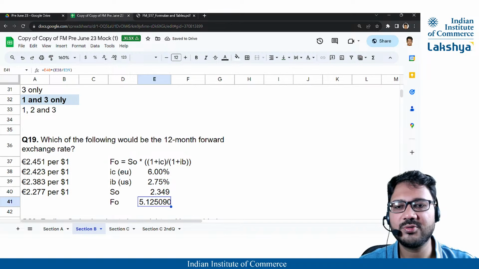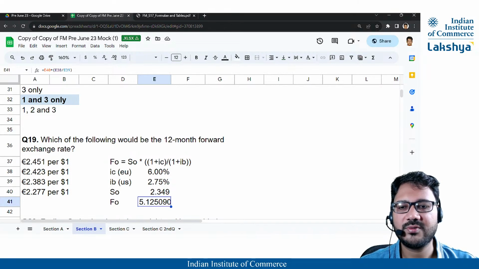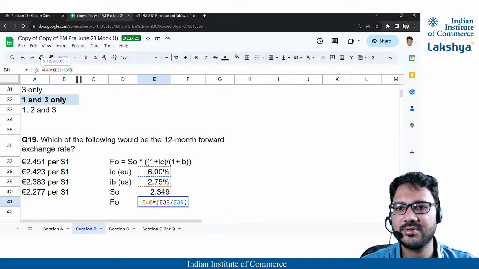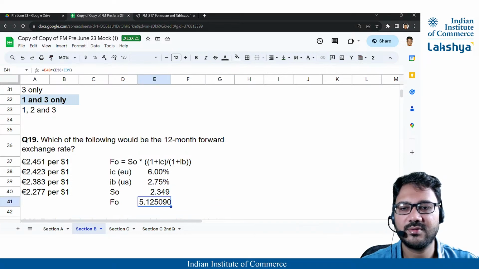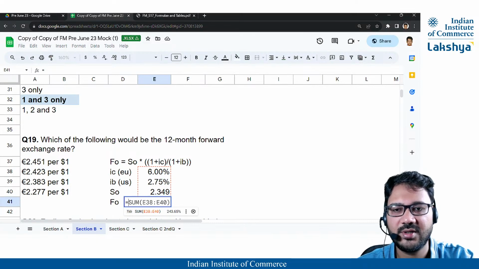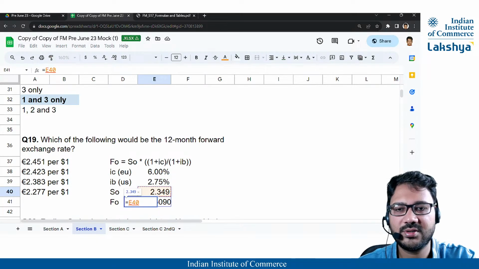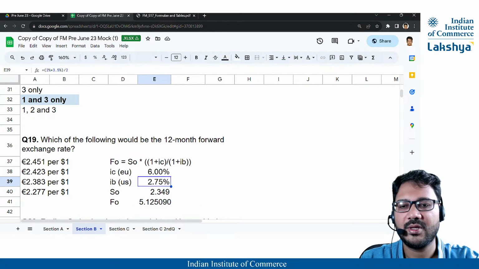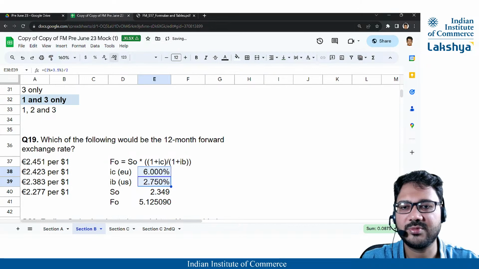So F0 is equal to 5 point, wait, have I made any mistake? Because 5 point is not available. 2.349, 38. 38 is counter currency divided by, yeah, it seems correct. Have I done some calculation mistake? Is equal to spot rate into, oh, these are to be in decimal terms. So just put it in decimal terms.